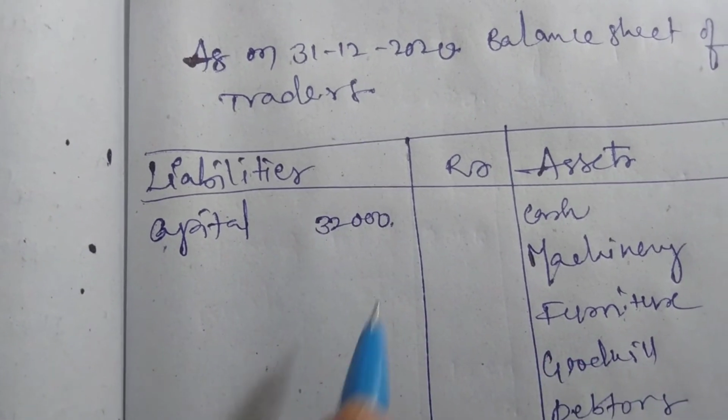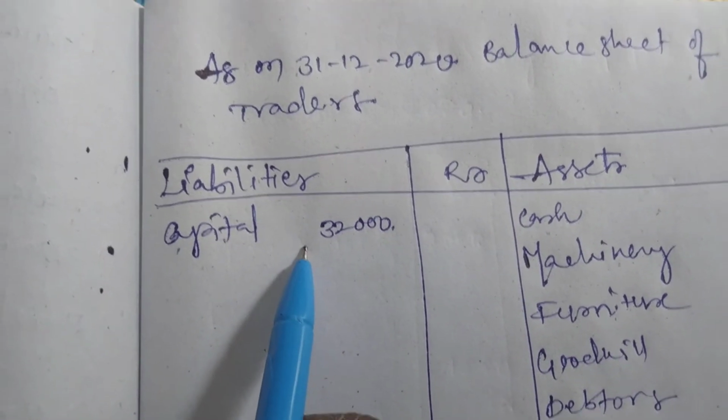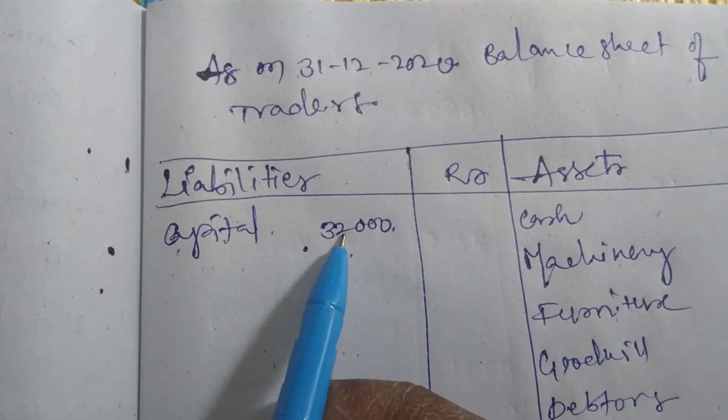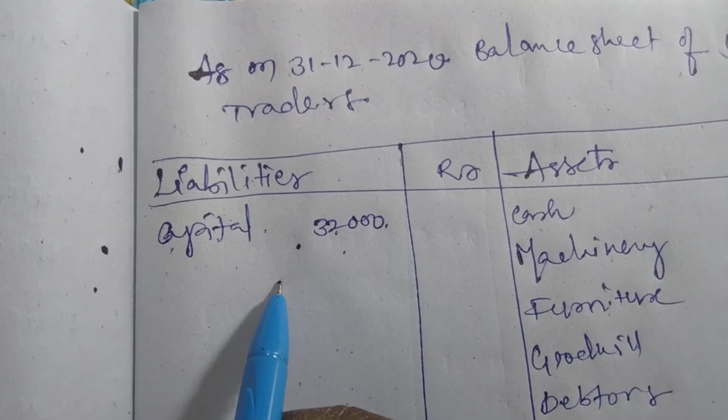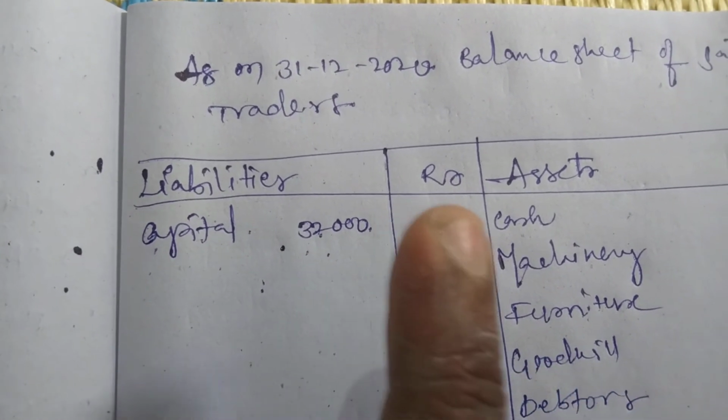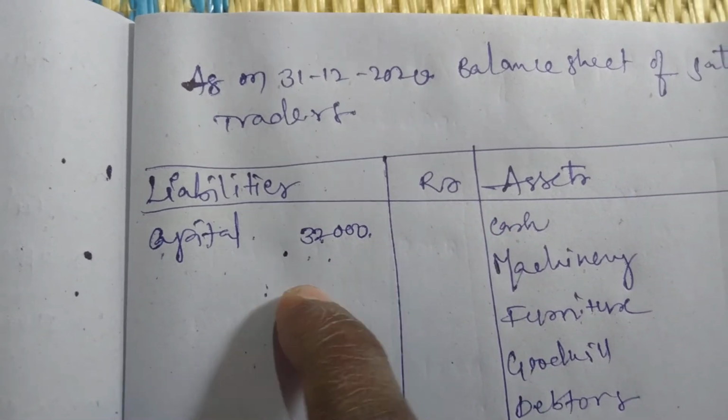Why? Because capital is affected by net profit or net loss. Net profit is added to the capital, and net loss is subtracted from the capital. For this purpose, the capital amount is recorded in the inner column only.